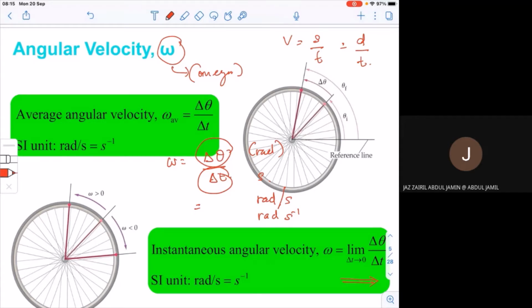It is the same thing as when we calculate the instantaneous velocity, but right now we are using theta instead of delta d, or displacement.